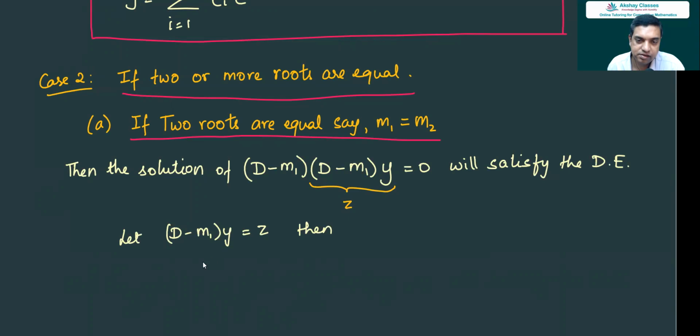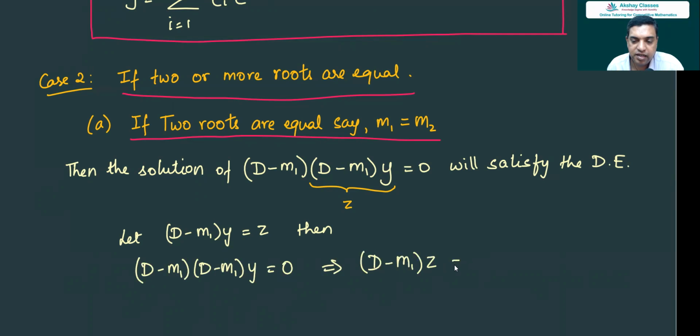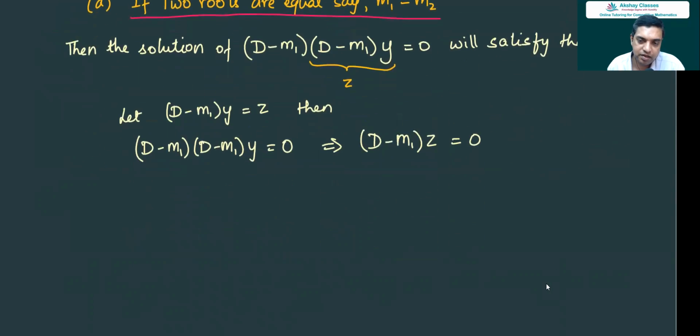Then (D - m1)(D - m1) y = 0 will imply (D - m1) z = 0. Now the solution for this implies z is equal to, say, c1 e^(m1 x), the solution.